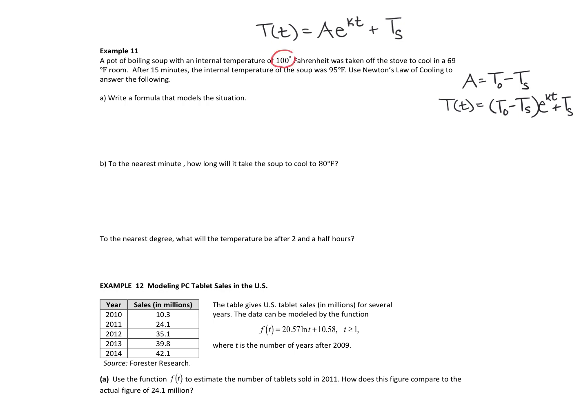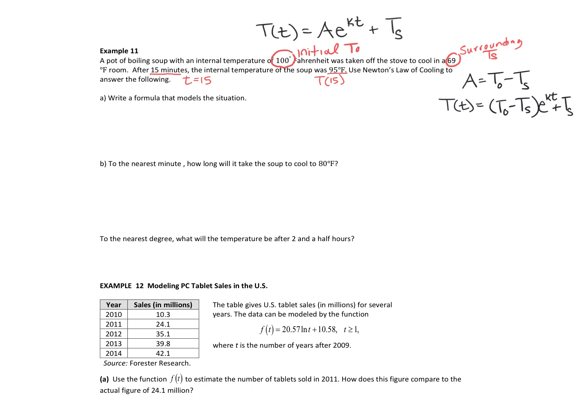Our 100 degrees Fahrenheit is our initial temperature, or our T sub 0. Our 69 degrees is our surrounding temperature, T sub S. In 15 minutes, so that's a lowercase t, the temperature is 95 degrees. That's a T of 15, the temperature at 15 minutes.